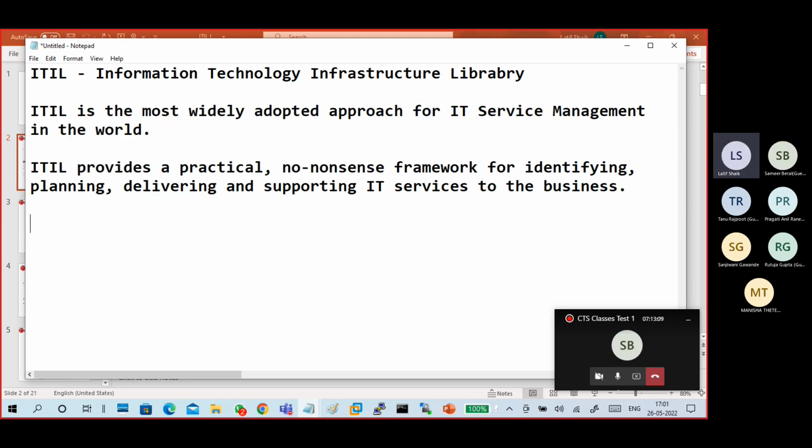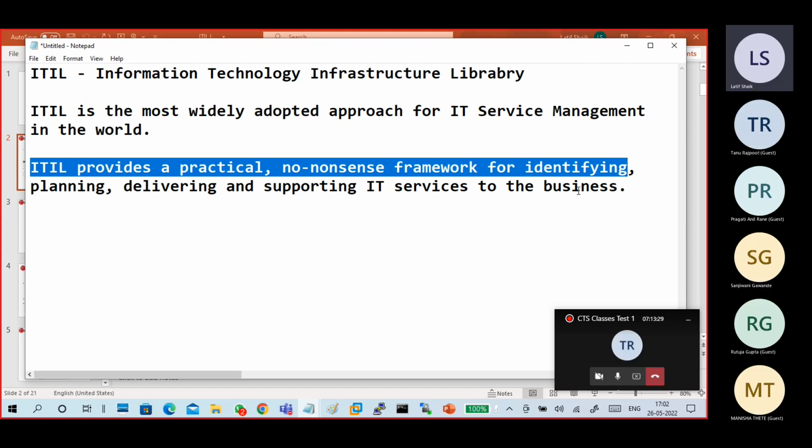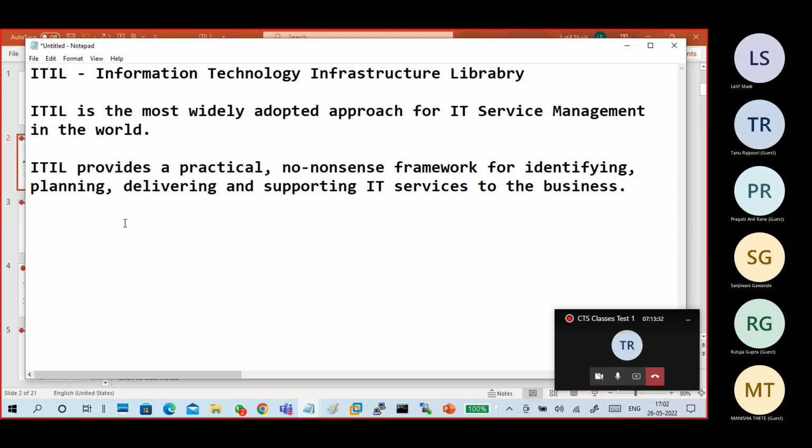Okay, that is the first point. What is the question? What is ITIL? ITIL is an information technology infrastructure library or IT infrastructure library. ITIL provides a practical, no-nonsense framework for identifying, planning, delivering, supporting IT services to the business.